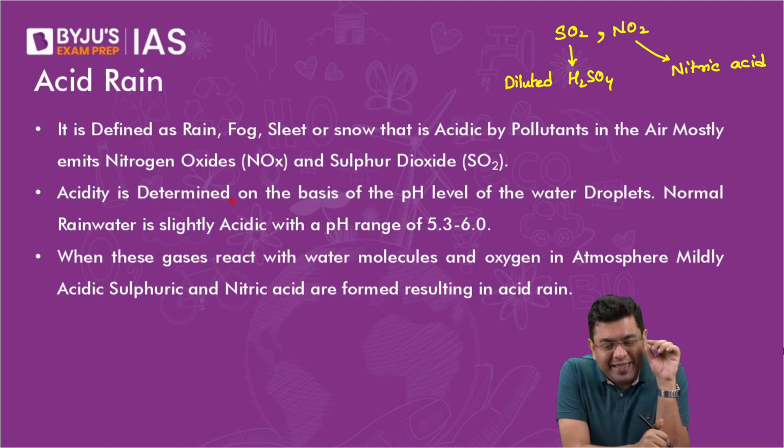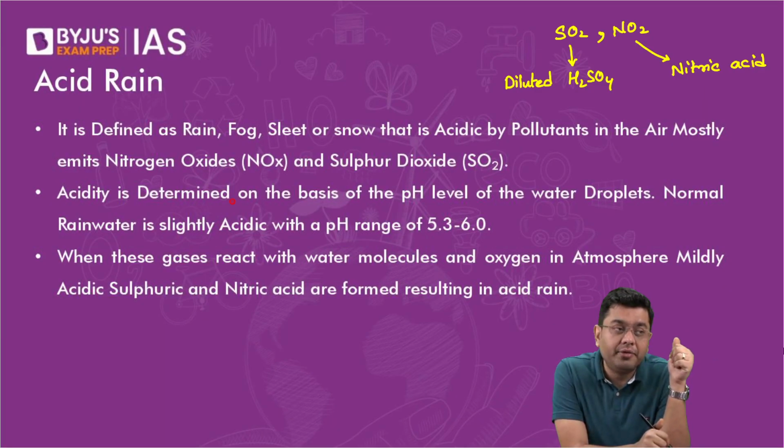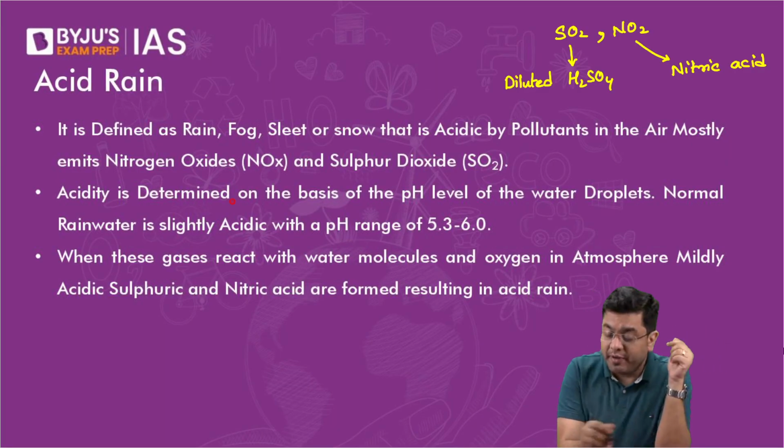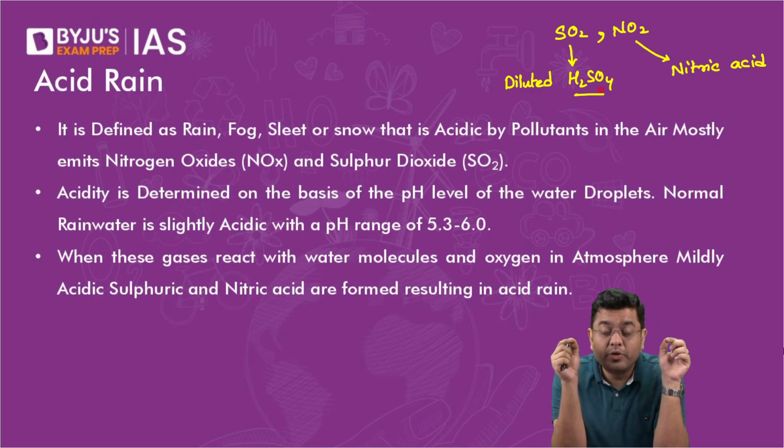Now, these small particles of sulfuric acid and nitric acid stay in the atmosphere because they are very small and light. Sometimes the movement of the wind creates a situation where these diluted sulfuric acid and nitric acid particles get deposited.